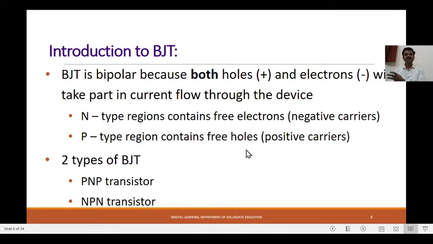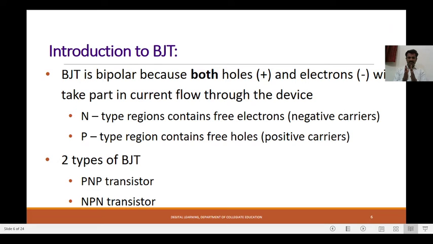Holes can move from one region to another; they are free to move. Bipolar junction transistors are of two types: PNP and NPN. PNP means an N type semiconductor has been sandwiched between two P type semiconductor regions.